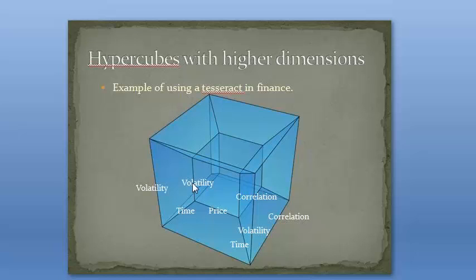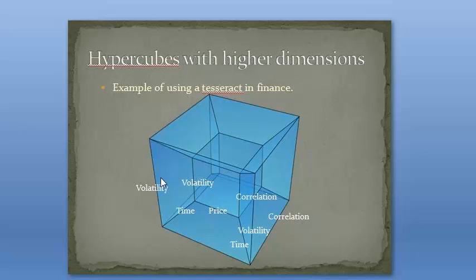Now, what's interesting about the hypercube is that it projects. There's multiple cubes in the hypercube, right? You have the inside cube, you have the outside cube, and then you have these skewed cubes for each side of the big cube that are connected. So you can see that this side, the volatility side, is the same variable side as this side.